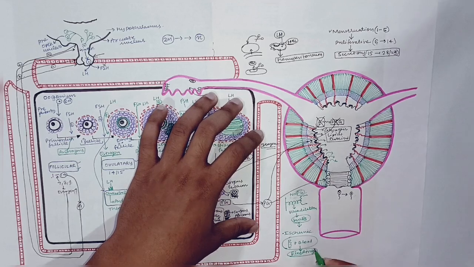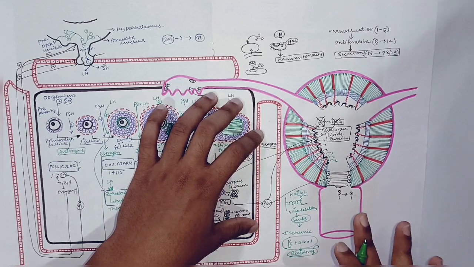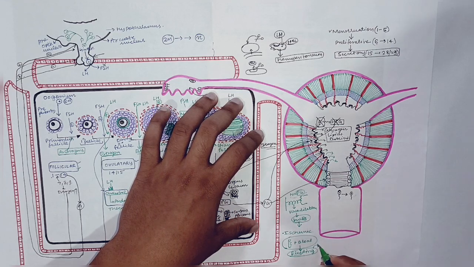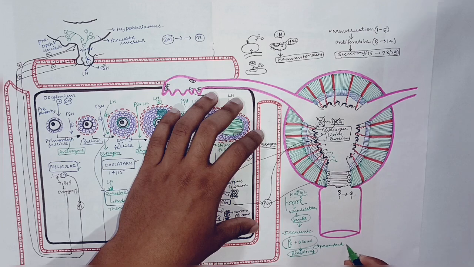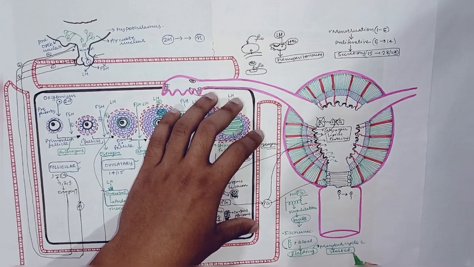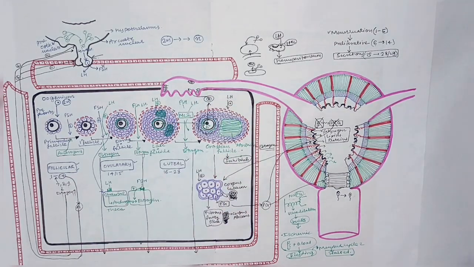What's that? It is basically again starting the menstrual cycle. So menstrual cycle 2 is started again, right?